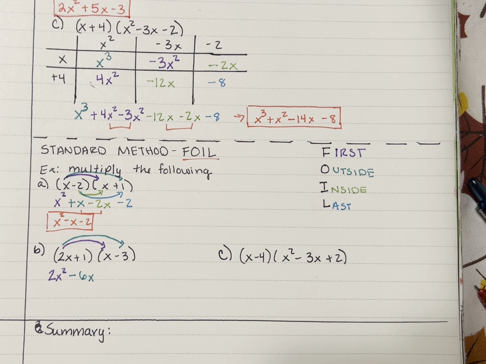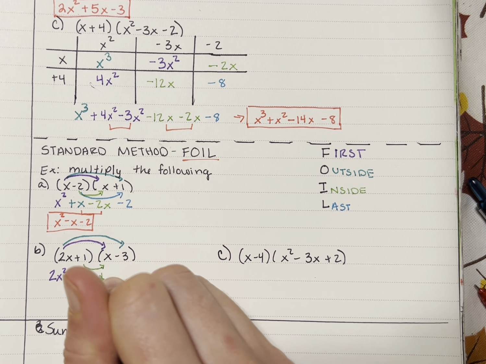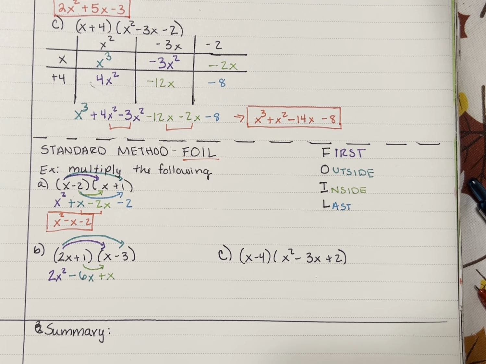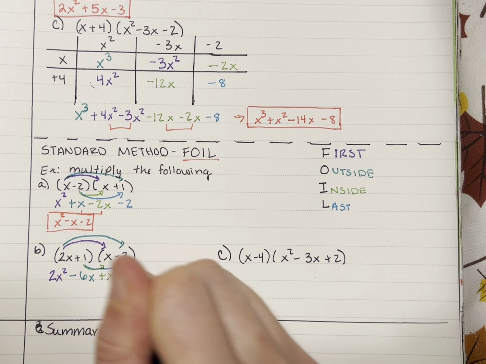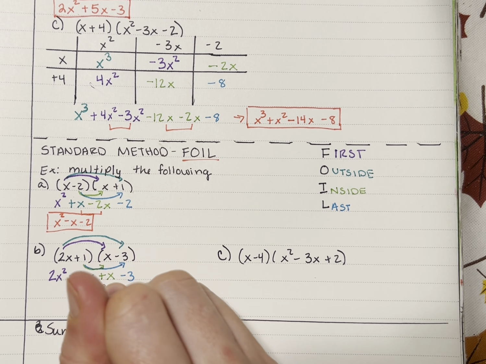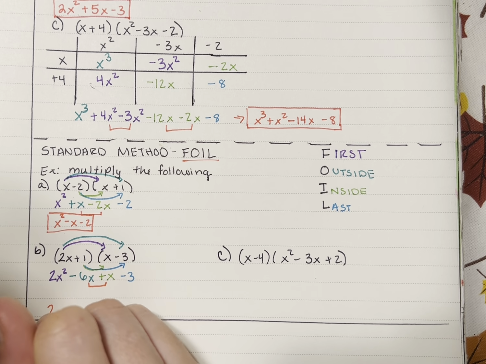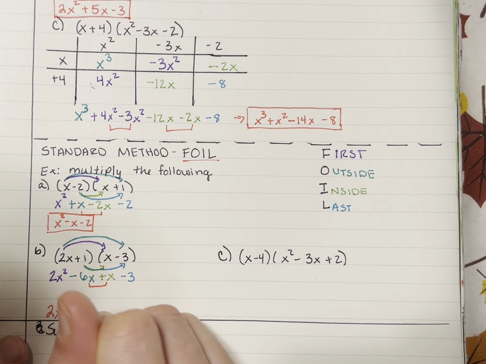Inside, which is 1 times x, which is 1x, or just x. And then finally last, 1 times negative 3, which is negative 3. Again, combine your like terms. That's going to be the negative 6x plus x. So my answer is going to be 2x squared minus 5x minus 3.